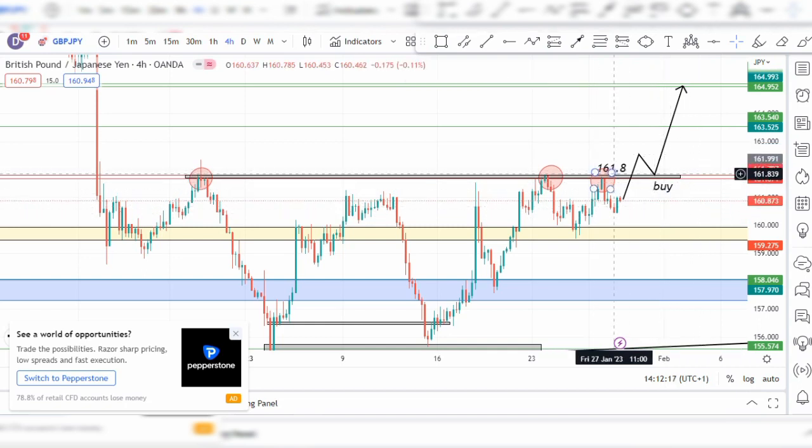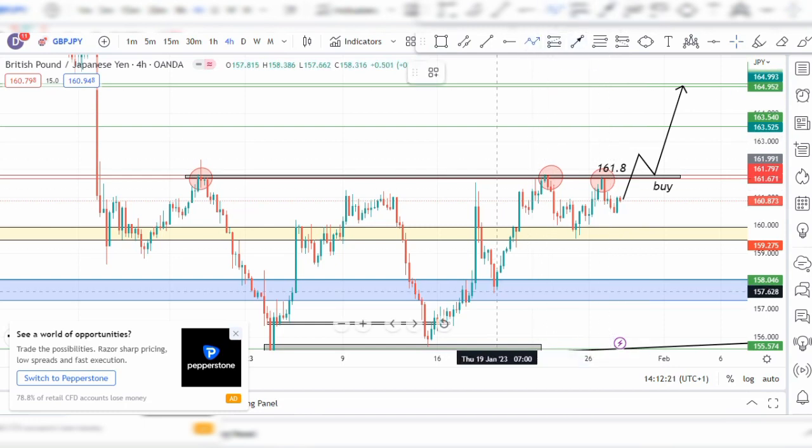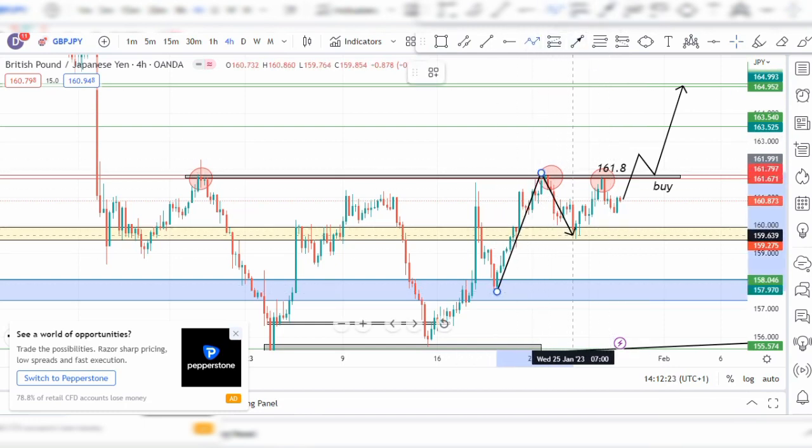For now, this area seems to be holding, and what we're looking at is price forming this sort of pattern, coming to the downside into this area here and possibly back down into this area. So this can possibly happen, and if that happens, we shouldn't be surprised at all.